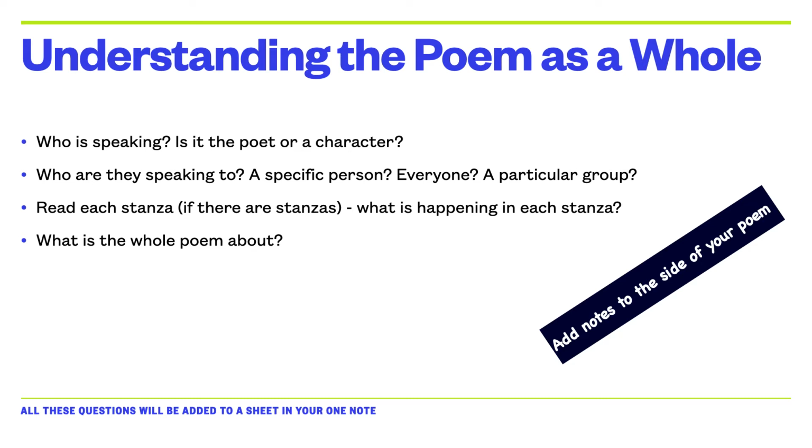Is it a specific person, a particular group, anyone? Then I want you to just read through the stanzas and just quickly work out. You can make some very small notes at the side of each poem, but I don't want you to spend too long doing this. Just roughly what's happening in each stanza, and then make sure you understand what the whole poem is about. I should say as well, you should have an Apple Pencil to do this, okay?